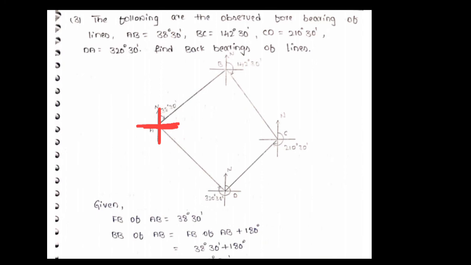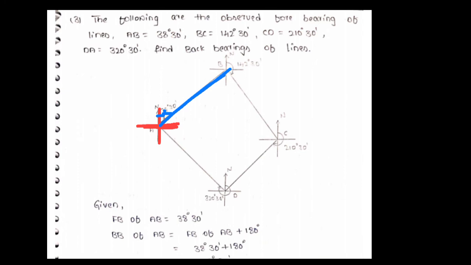Like this, from point A, first we draw a line of angle 38 degrees 30 minutes. If the length is given, we have to mention that particular length. If not, we draw some approximate length.